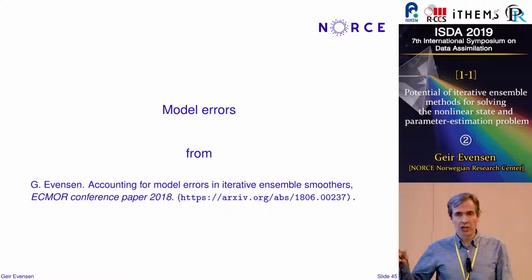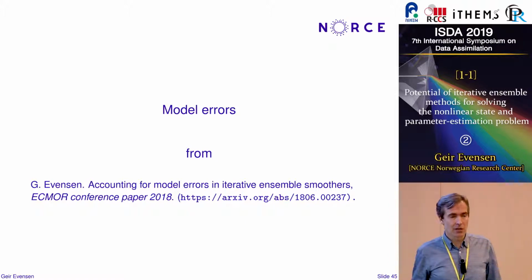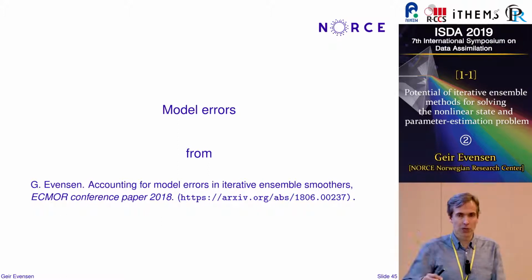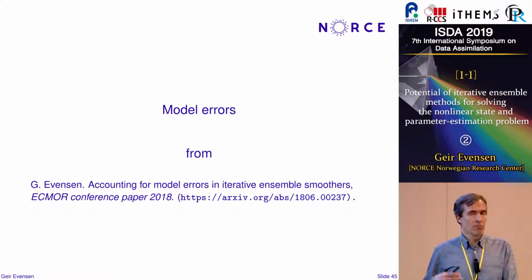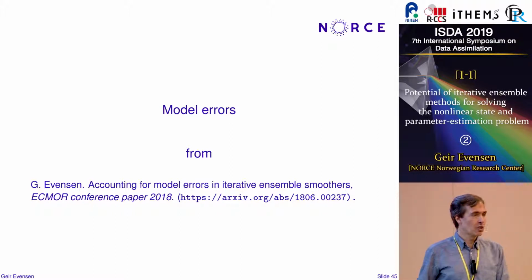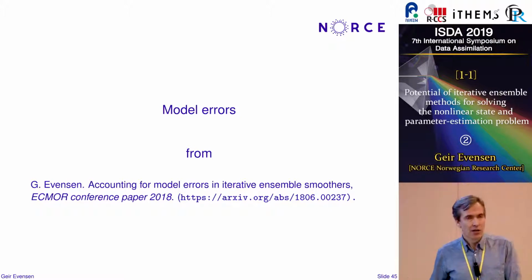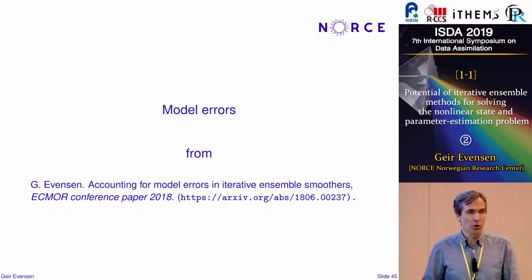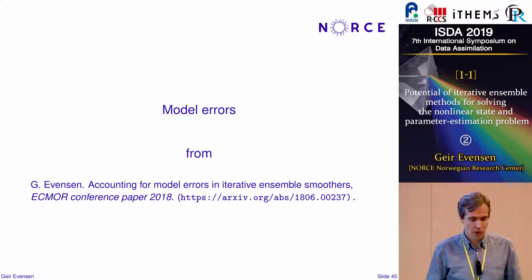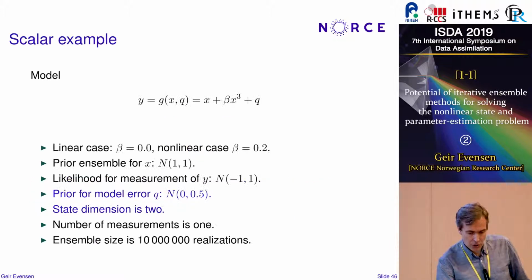But then, as we saw from the initial slides, it was quite easy. You just lump it together with the rest of the unknowns. You estimate the errors in the same way as you estimate any other state variable, and you have to integrate your model with the updated estimates of model errors when you compute the final solution.